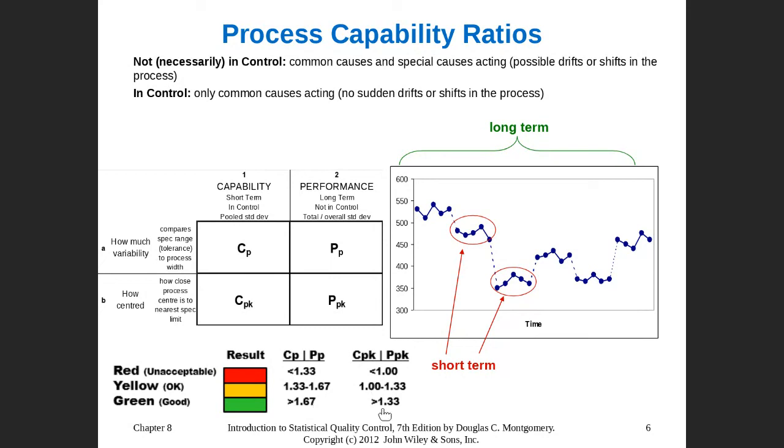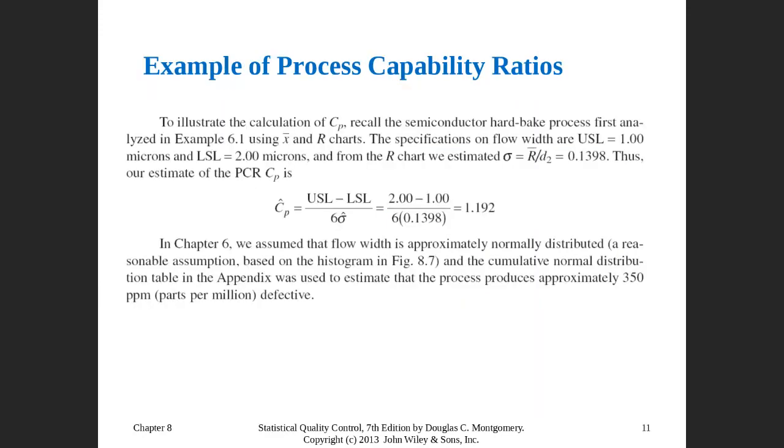Now, the case when we have CPK greater than 1.33 or CP greater than 1.67 means the process is capable and performing well. Okay, so let's go to our example again and see how we interpret our process here.